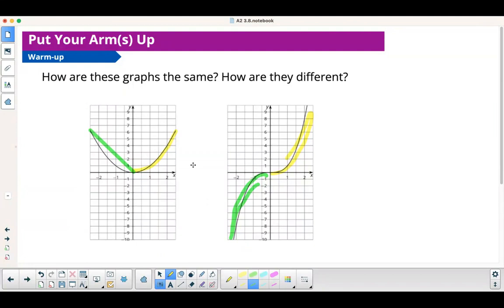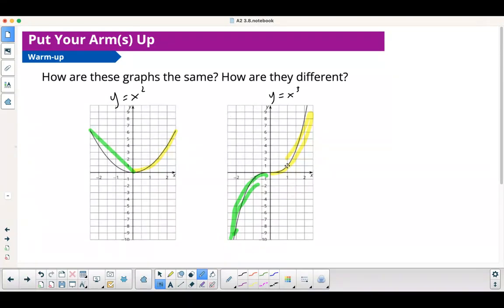The end behavior is obviously different. This one: left side goes up, right side goes up. That one: left side down, right side up. Different end behavior. This looks like y equals x squared, and this looks like y equals x cubed. These are two different functions, one's squared, one's cubed.